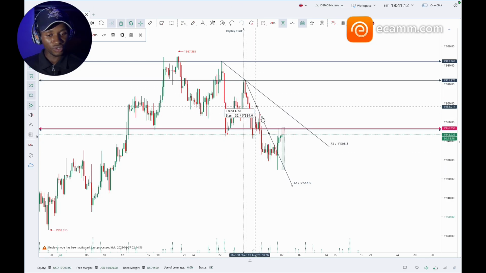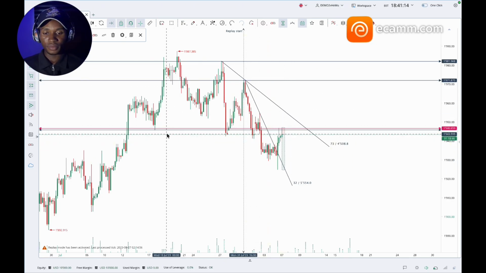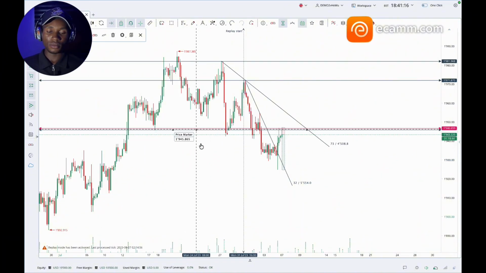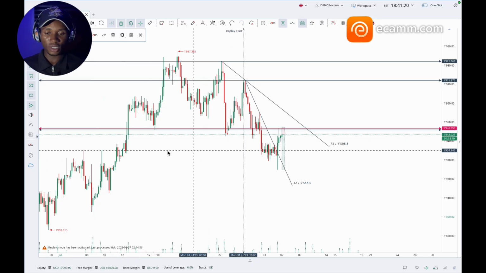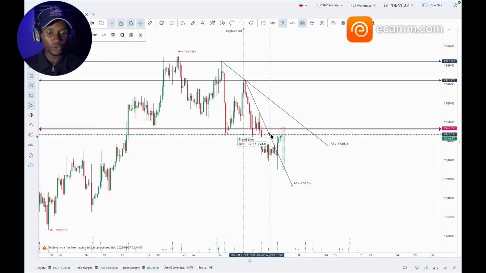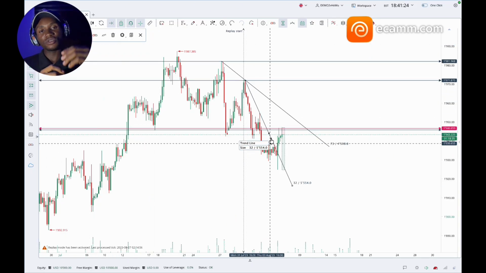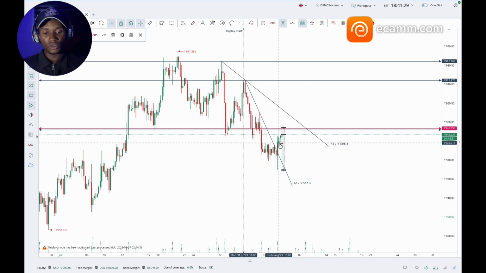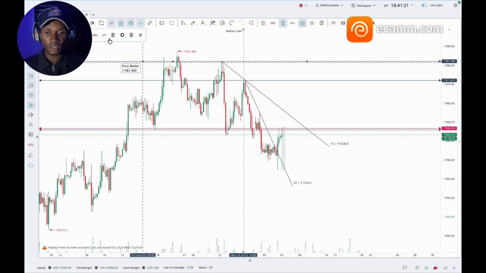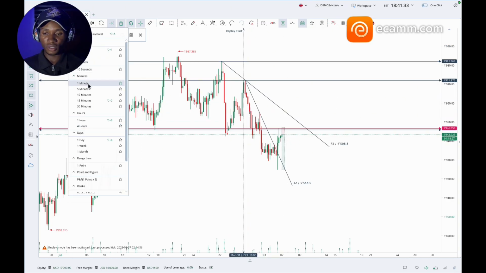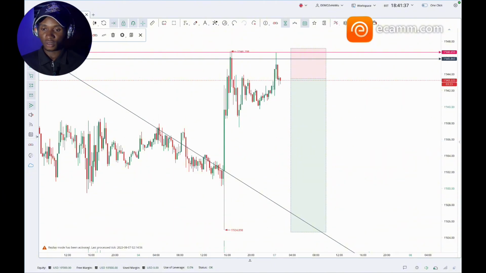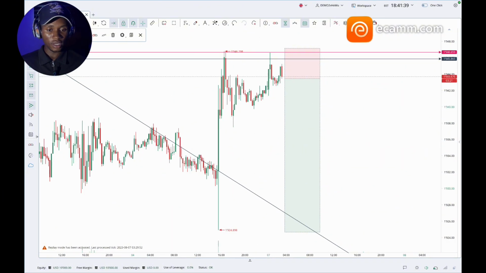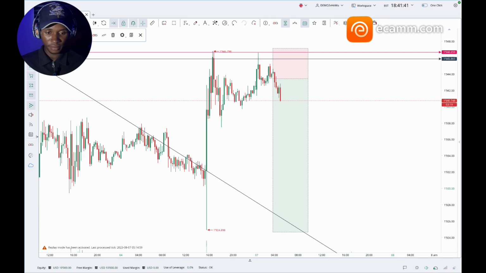So we just drew this second trend line. I drew this horizontal ray below, at the previous support, because this market was in a ranging market. As I was saying, this previous support will become resistance. So I drew this to mark that point as a resistance zone. When the market came here now, you can see it formed our double top in the 15 minutes. So I'm looking to short this market here. Let's see how it plays out.